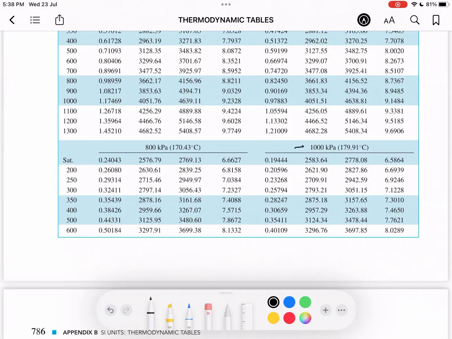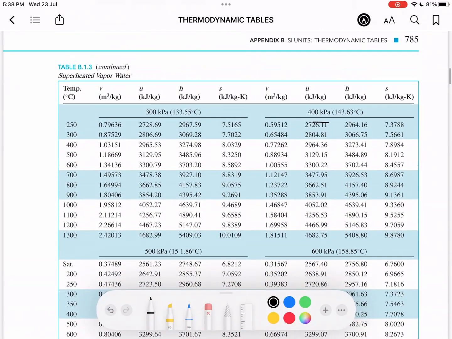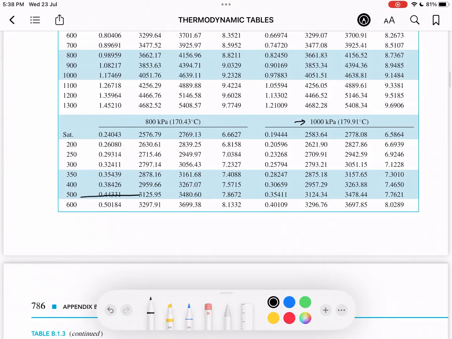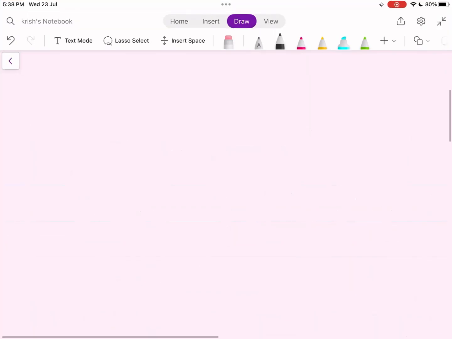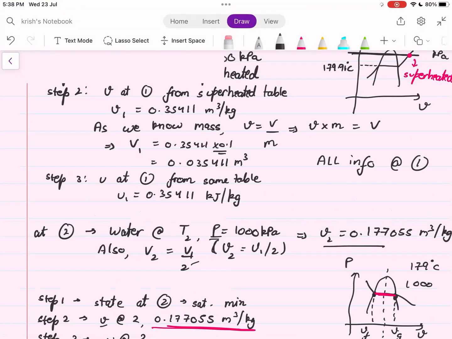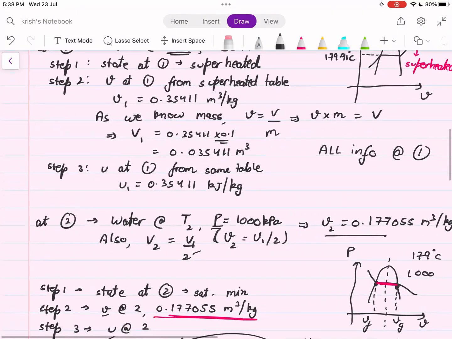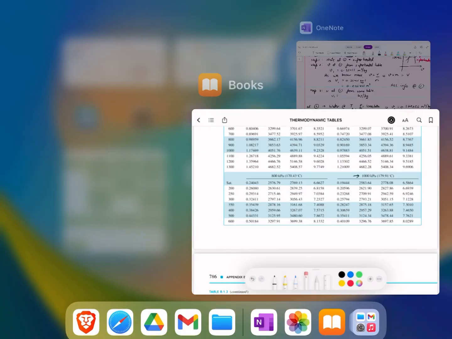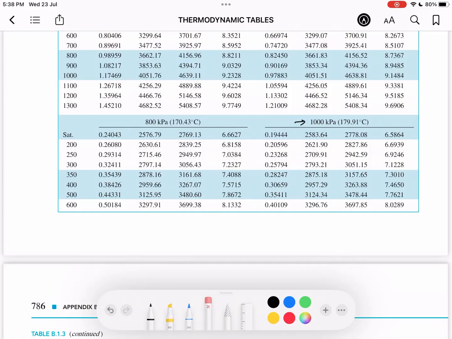Thousand kilopascals and temperature in degrees Celsius at 500. Yeah, we have put the value of V, not U. Sorry. So U is 3124.34. That makes a lot more sense. Again, using common sense, you can mostly tell when you have read the value wrong. What was it? 3124 point something, right? 3124.34.